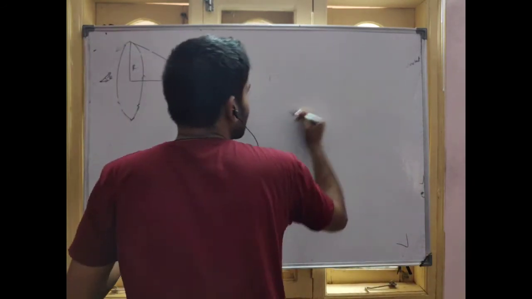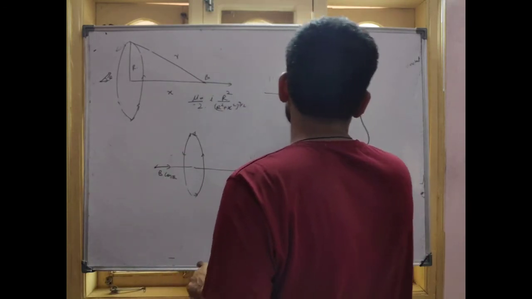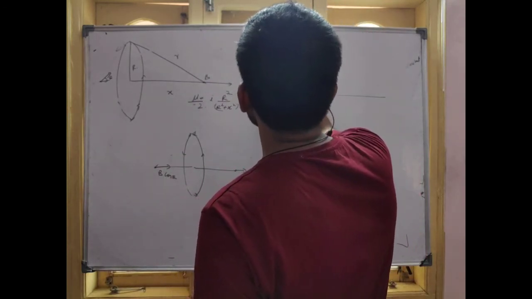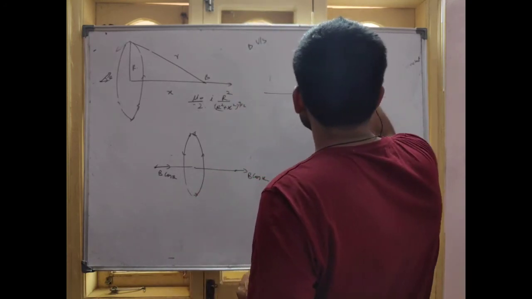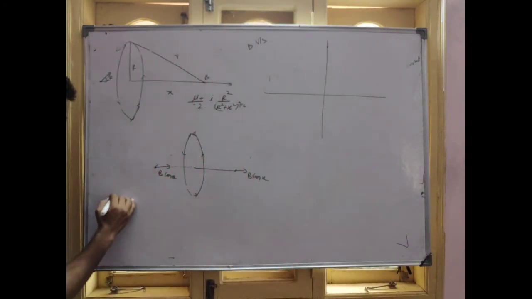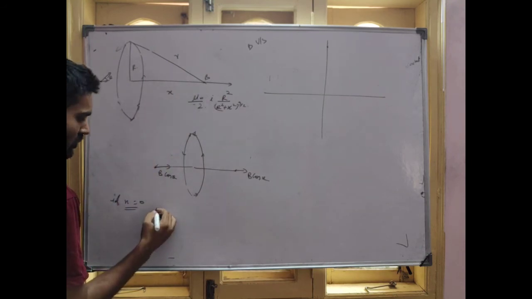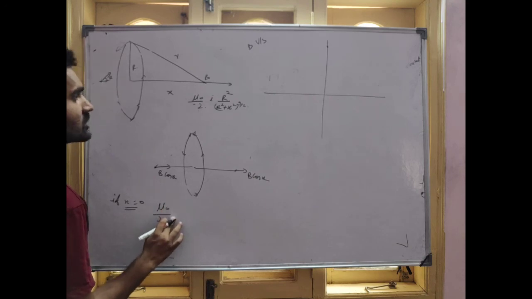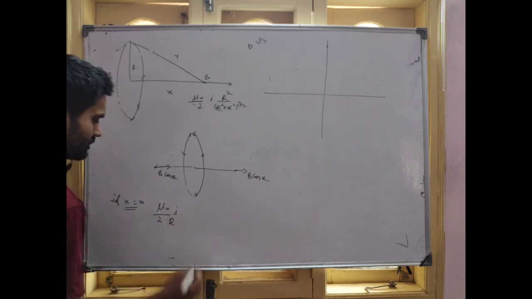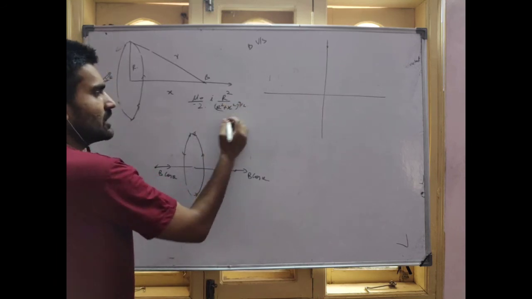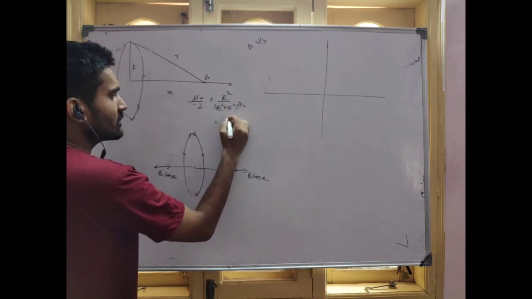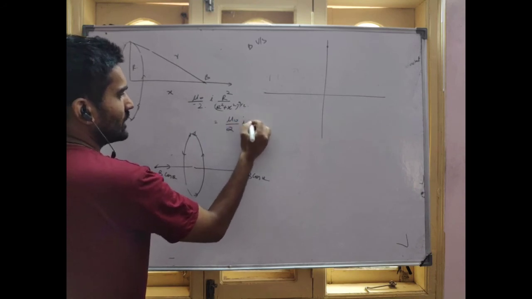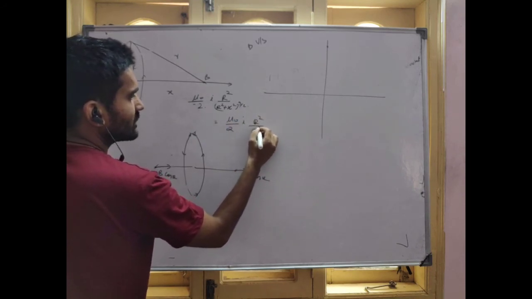So if you want to make the graph for this, B versus X, where is the maximum? If X is equal to 0, can you tell me what is the field here? If you keep X equal to 0, it will be mu naught by 2 I R square by R to power 3.